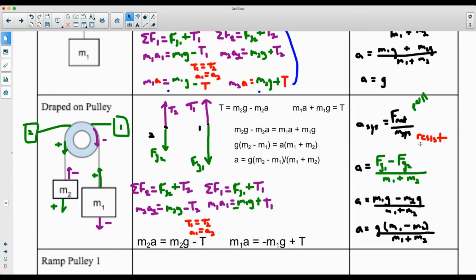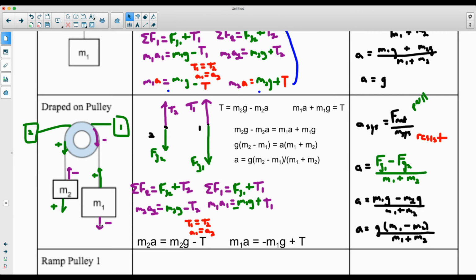From what I did over here, I defined positive as the direction it will accelerate, in the direction of these purple arrows. In this drawing, I defined positive as up. This one is going to come out negative, and that still means down.